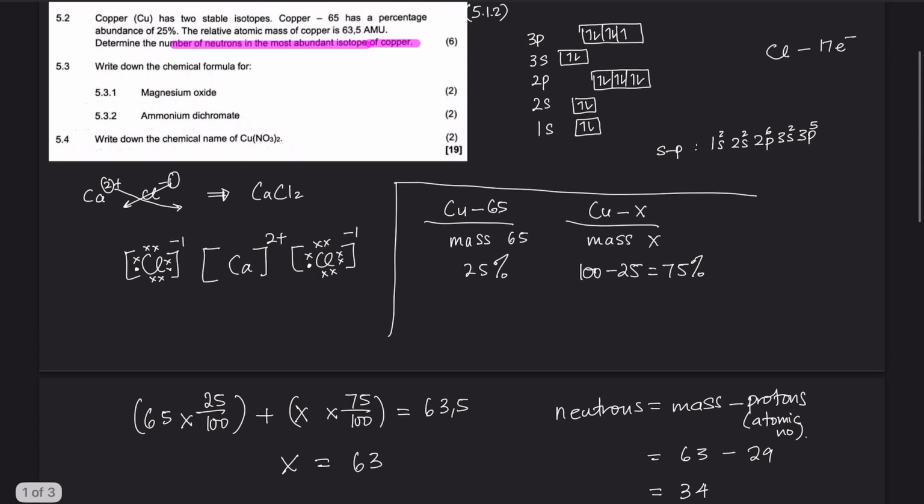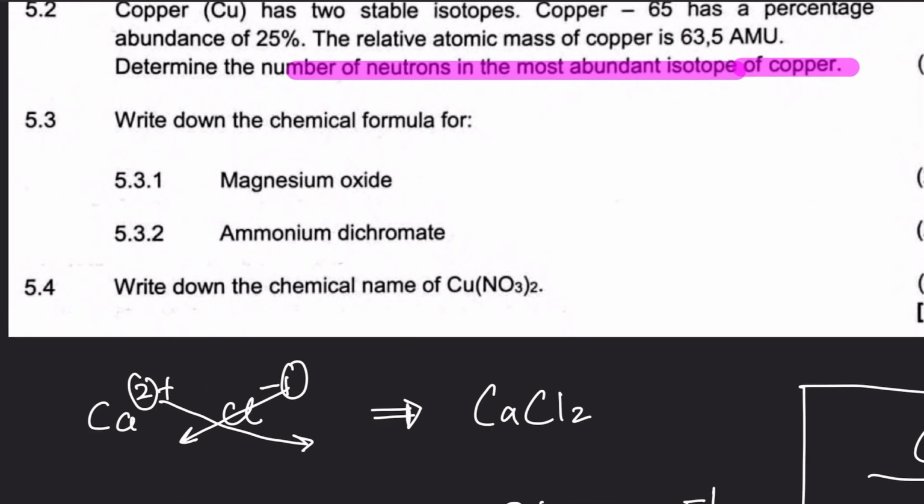Okay, let's move on. Question 5.3. Write down the chemical formula for magnesium oxide. Now, let's just make sure. Magnesium is Mg, and oxide is oxygen, which is O. Magnesium is a metal, oxygen is a non-metal, so it's going to be an ionic compound.